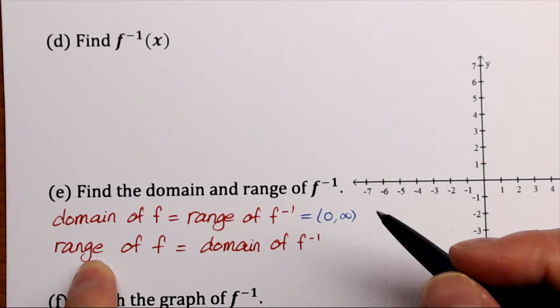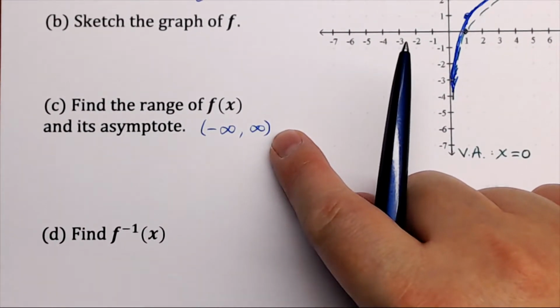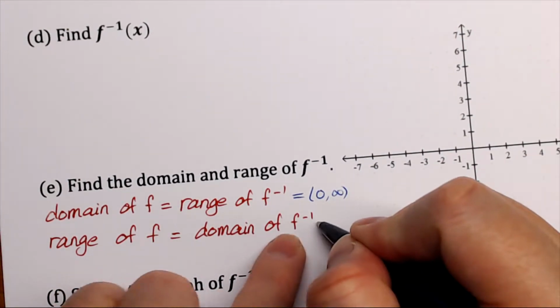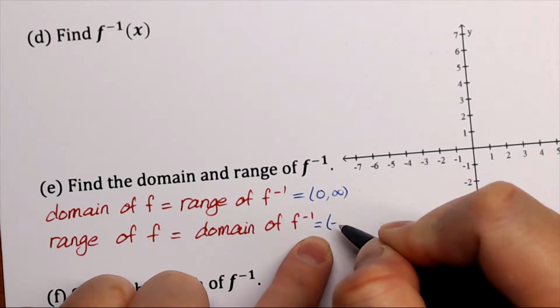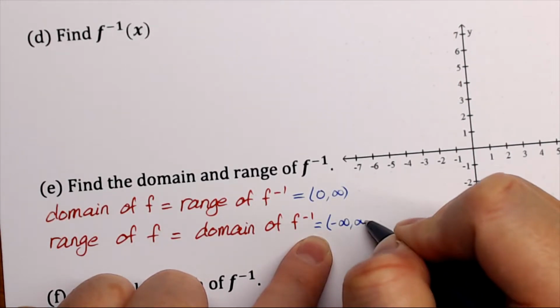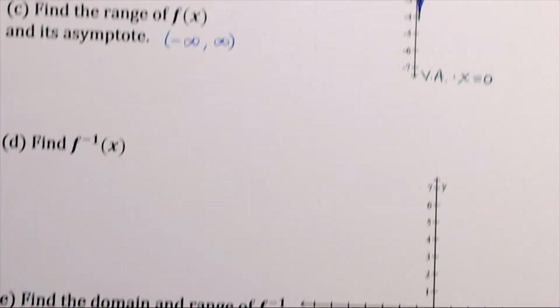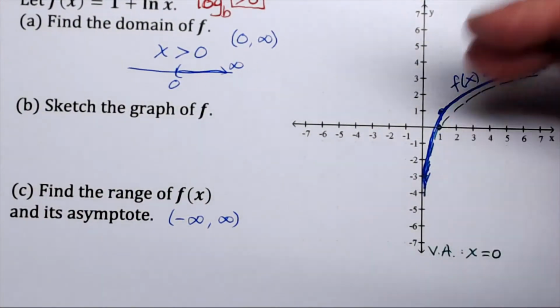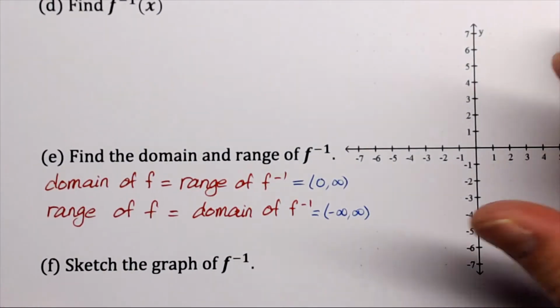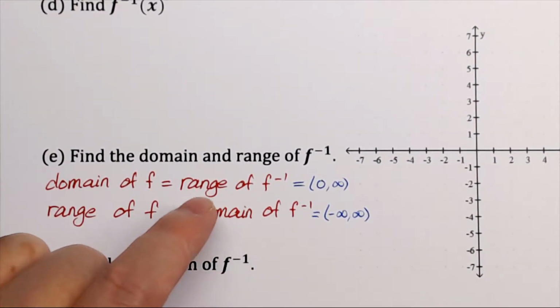So the graph will go just like that. Everything will go up 1 unit. The point (1, 0) goes up 1 unit. The vertical asymptote goes up 1 unit, still the same line.